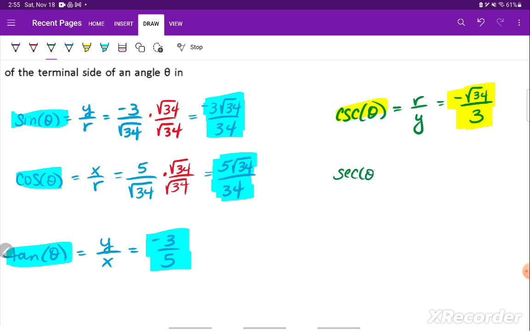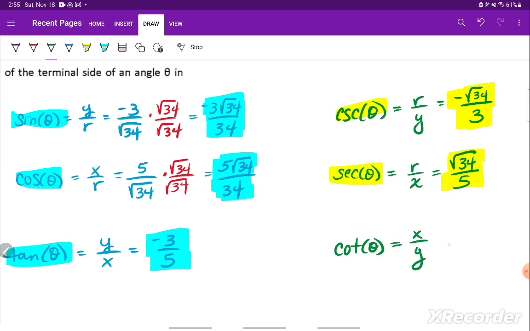Reciprocal of cosine is secant, r over x. And flipping the fraction before I rationalized it, square root of 34 over 5. And lastly, cotangent is the reciprocal of tangent.